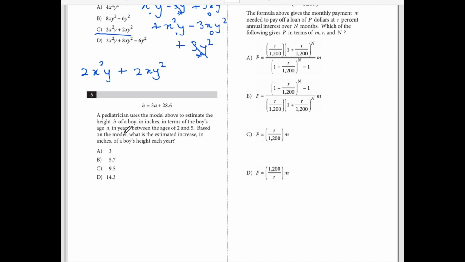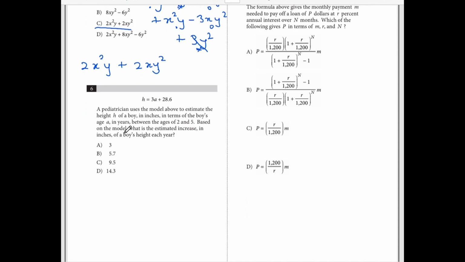Okay, question number 6. A pediatrician uses the model above to estimate the height h of a boy in inches in terms of the boy's age a in years between the ages of 2 and 5. Based on the model, what's the estimated increase in each inches of a boy's height each year?